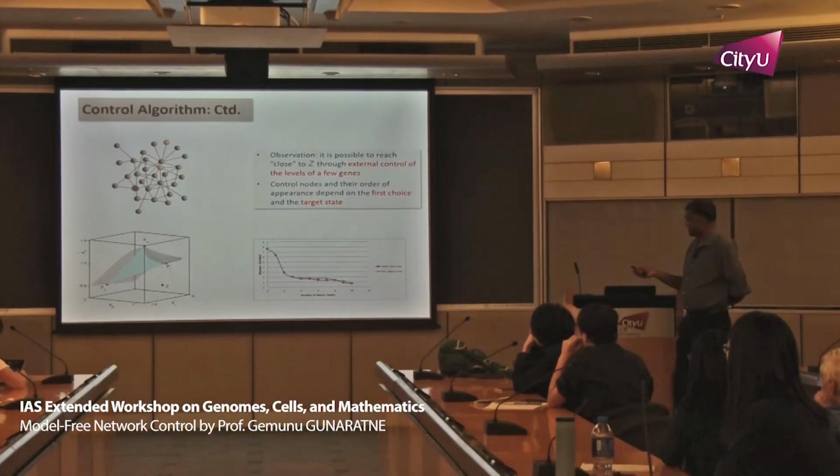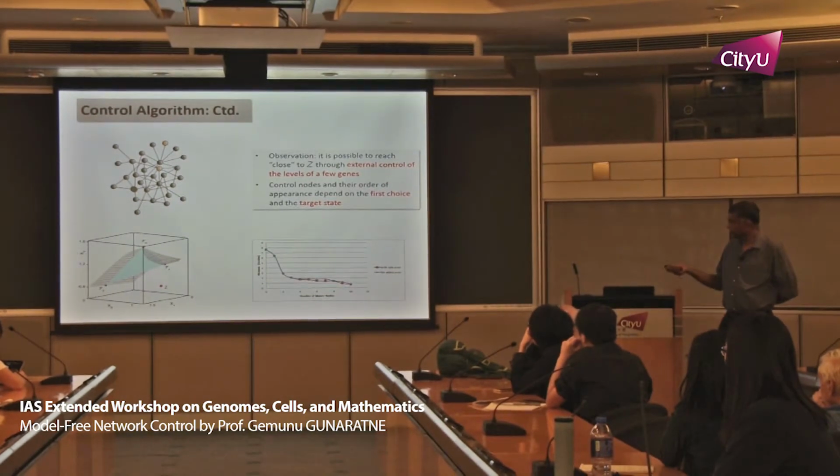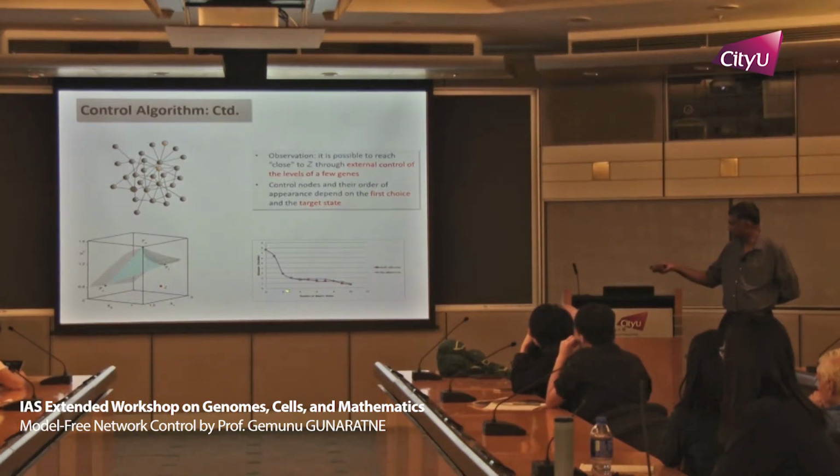The interesting point is when the network is connected, I don't need too many genes to get close. Delta equals 0 is the place where you want to get to. You want the target to be very, very close to here.